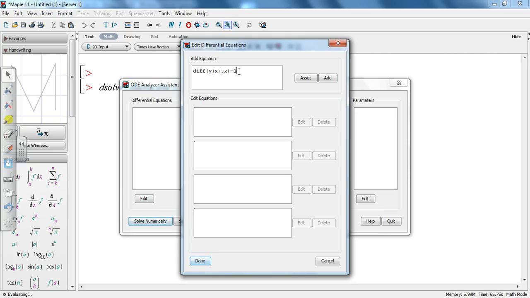One divided by x plus 2 raised to the .5.